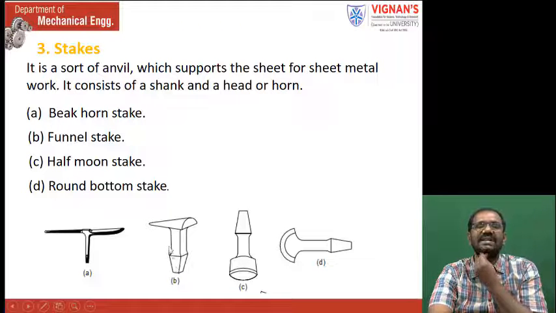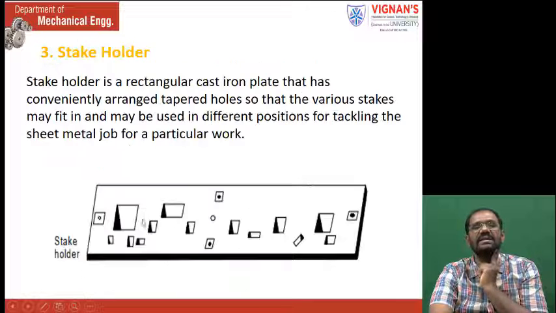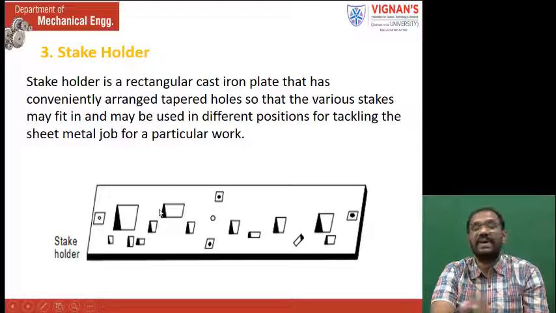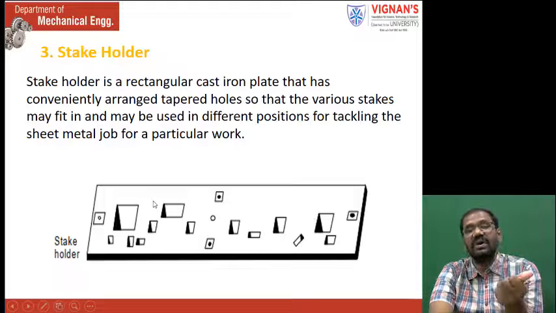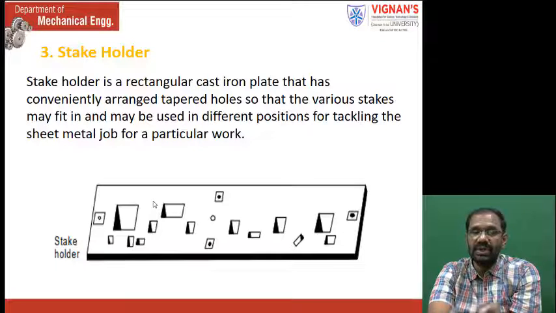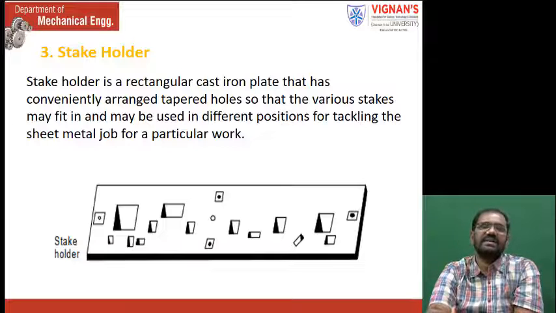This is called the shank, taper shape. This one also is taper shape. This is a round taper, this is also a round taper. This is a square taper, this is a square taper. So accordingly, this holder has taper holes for the square taper and round taper with different sizes.